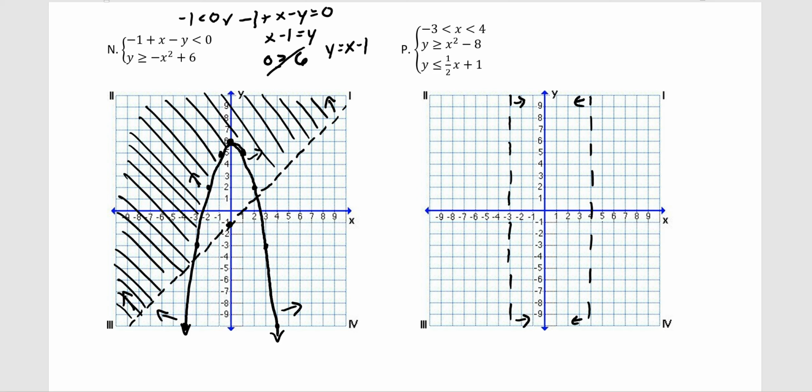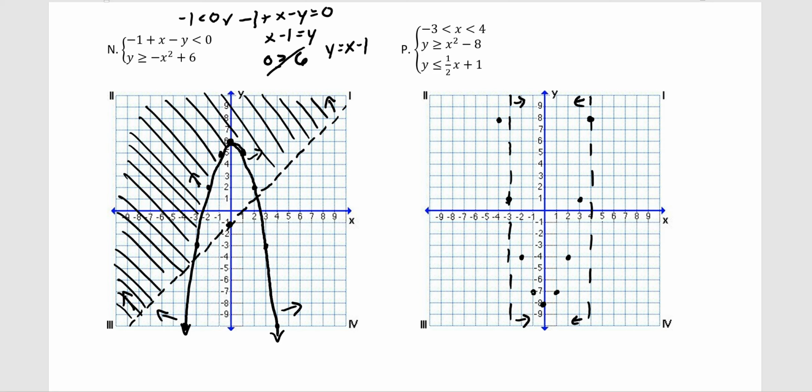Y is greater than or equal to x squared minus 8. X squared minus 8 would be right here. 1 and 1, 3 and 3, 5 from there, 5 and 5, and 7 from there.